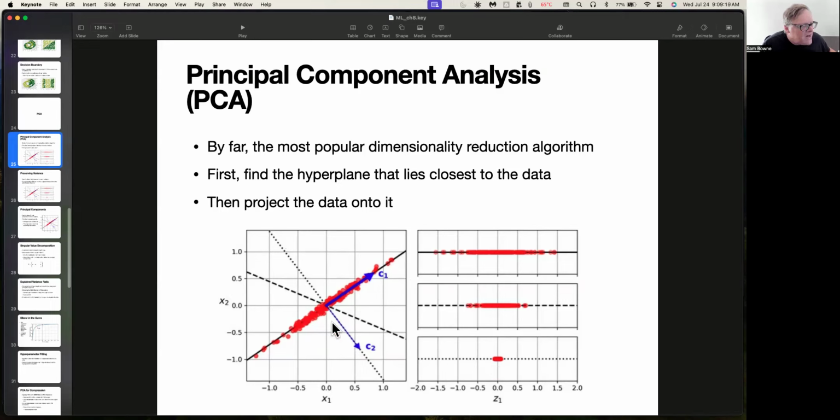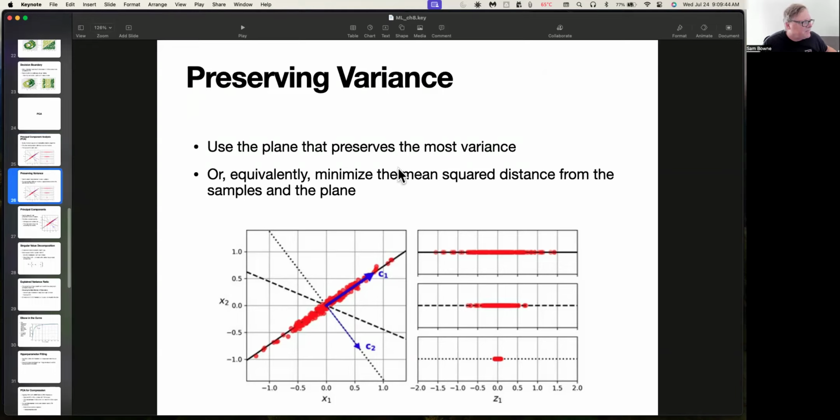If I project it onto this plane, it all just collapses to a little skinny thing. But if I project it onto this plane, it gets very wide. So this is the most important one. You just find which projection will give you the widest variation, and that is what's called the principal component. This is the most important thing to capture the most variance.